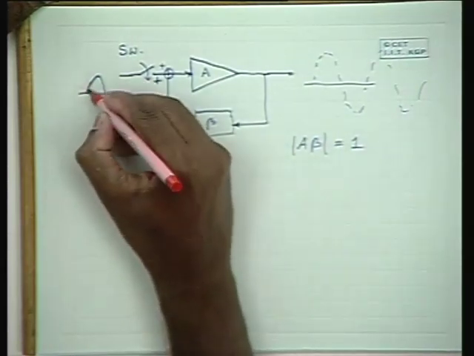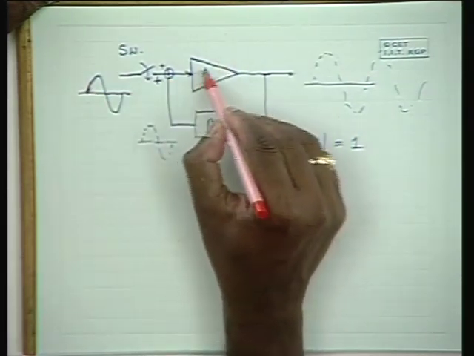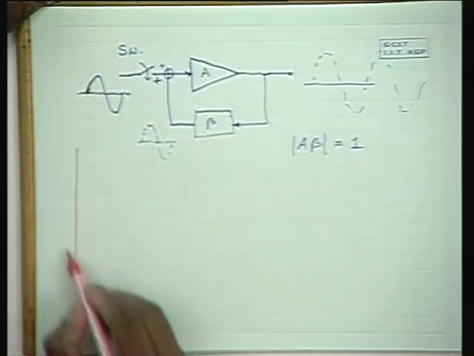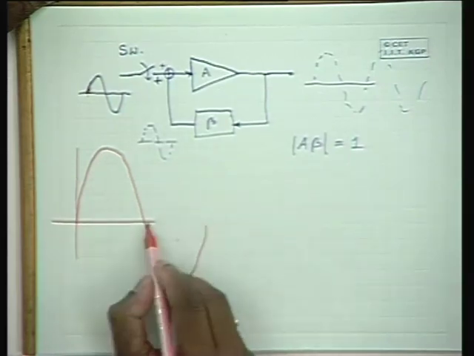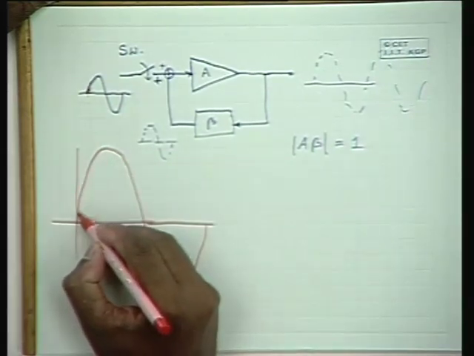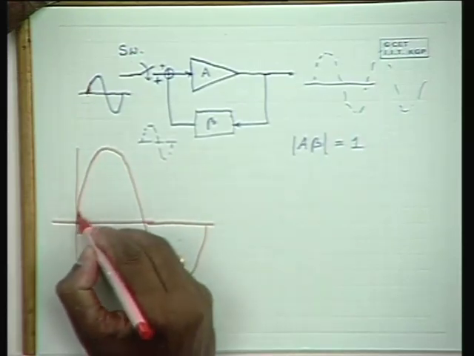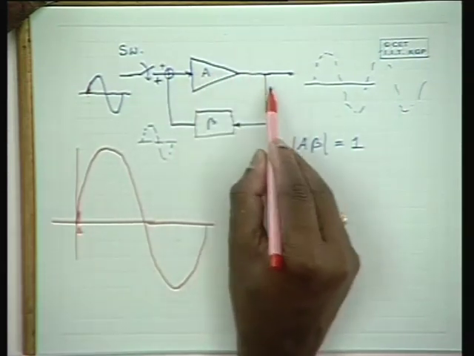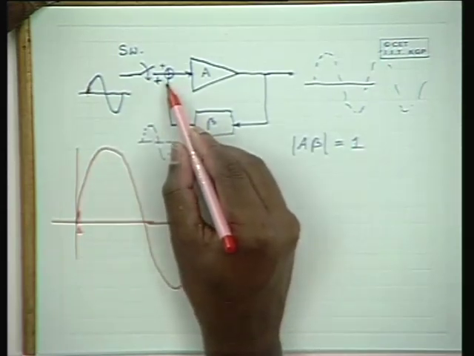You produce a small fraction of this voltage waveform at the input. And after a short delay, say this is delta duration, let me draw this diagram in an expanded one. Now, let us say at the input we generate this much fraction over a delta time. So, we generate this much waveform, and within delta time it gets magnified and again attenuated by beta, and it comes back to this place.